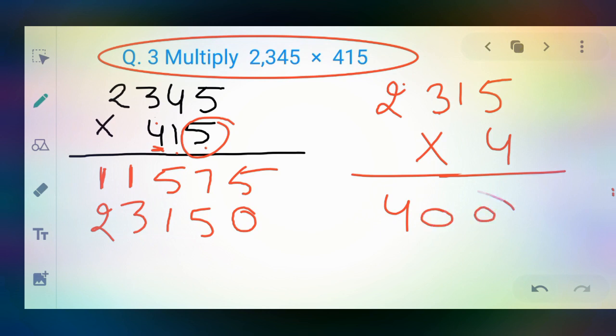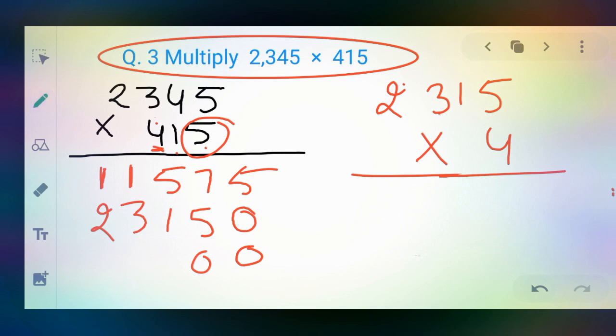So here you want to multiply this number by digit 4, that means it gives you 400. So here I put 00 first. Okay, clear?